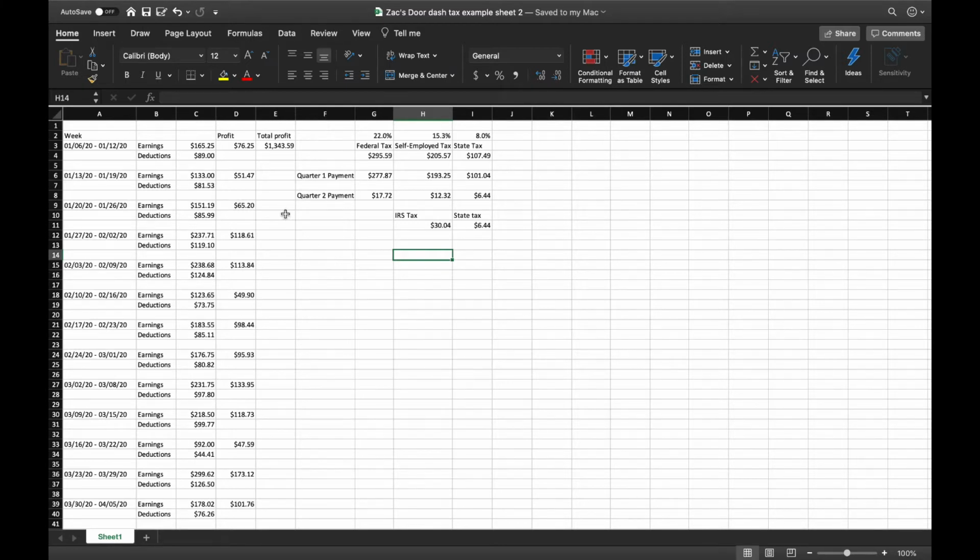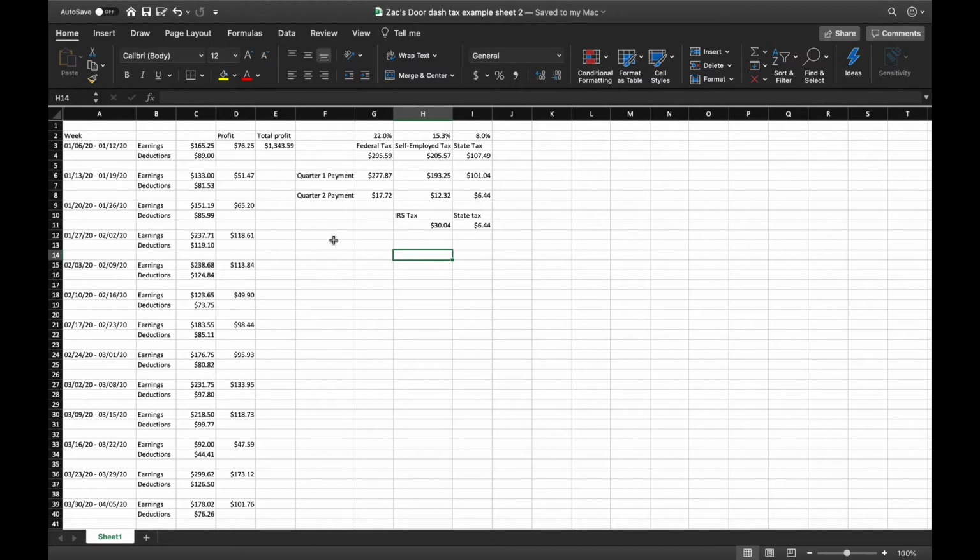Then I took the profit from each week and added it all up to get my total profit. From there, I used that profit and multiplied it by each tax rate to find how much I owe for each part of our taxes.